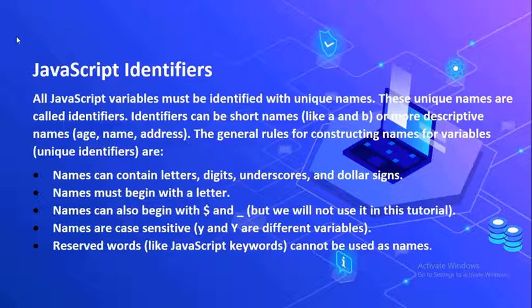The general rules for constructing names for variables are: names can contain letters, digits, underscores, and dollar signs. Names must begin with a letter. Names can also begin with dollar and underscore. Names are case sensitive: lowercase y and uppercase Y are different variables. Reserved words like JavaScript keywords cannot be used as names.